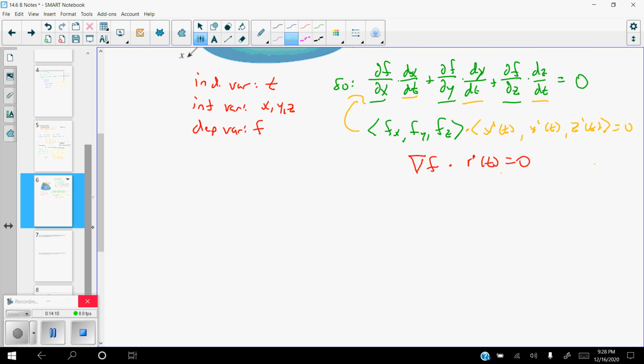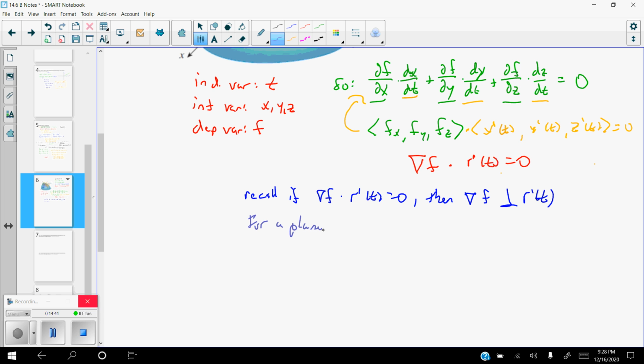So let's recall, if the gradient of f dotted with r prime of t equals 0, then the gradient of f is perpendicular to r prime of t. And for a plane, if you remember, you need two things.